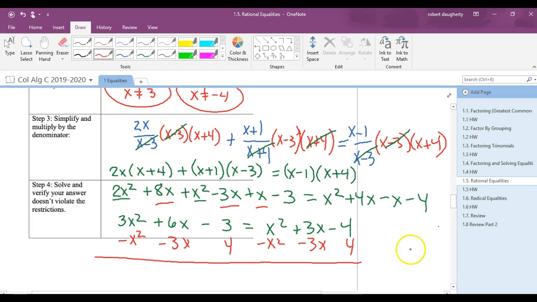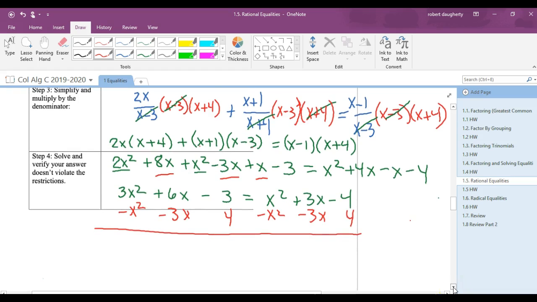The reason I do that, what is 3x squared minus x squared? That's 2x squared. What is 6x minus 3x? That is 3x. What is negative 3 plus 4? That is 1. And what's on the right side of that equation?